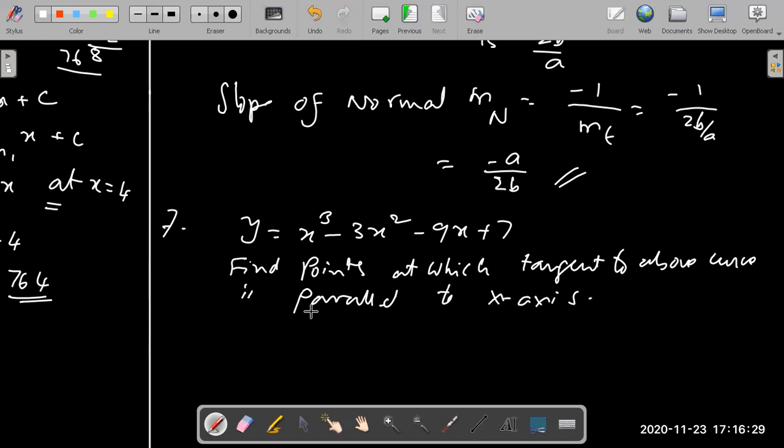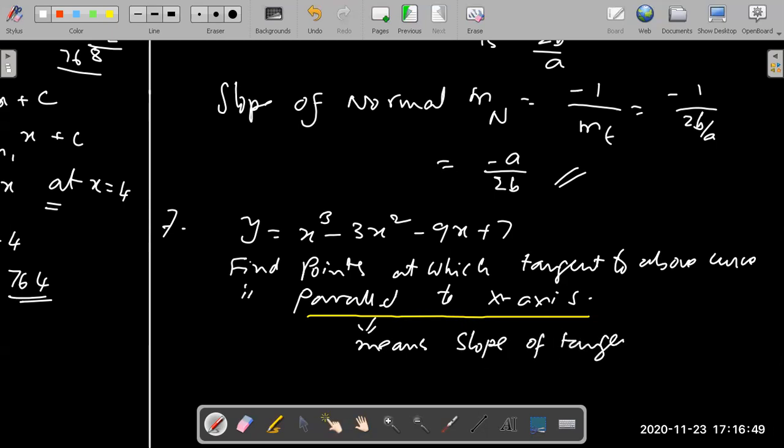So the keyword here is parallel to x-axis. If something is parallel to x-axis, that means its slope is 0. Means the slope of the tangent is 0.